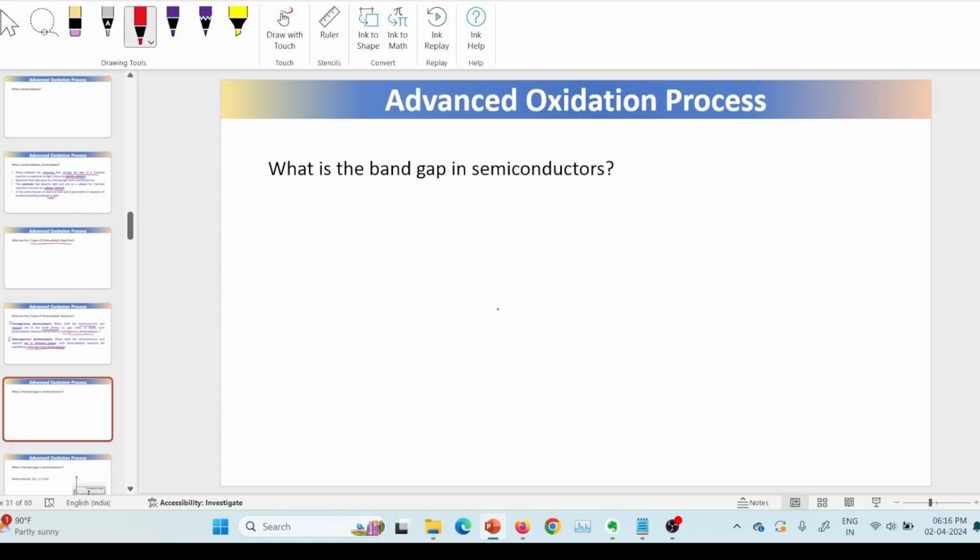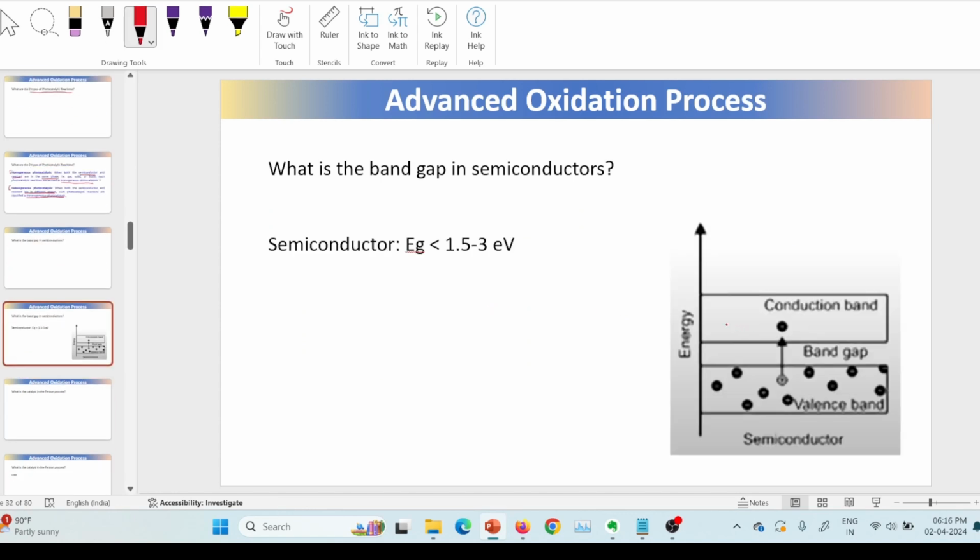What is the band gap in semiconductors? So this is the conduction band, this is the valence band, and if the light falls over the photocatalyst, the electron will get excited and jump from the valence band to the conduction band.